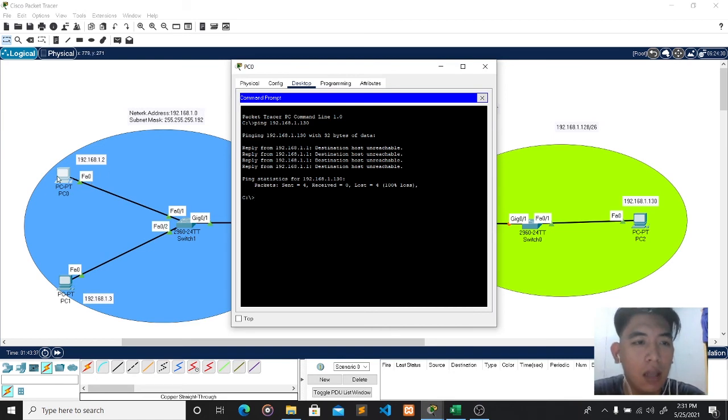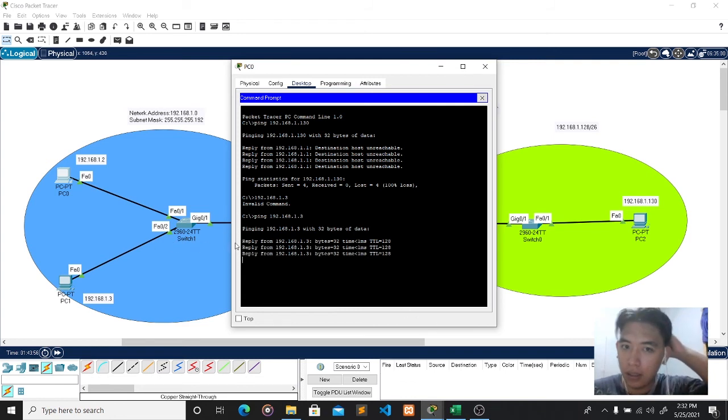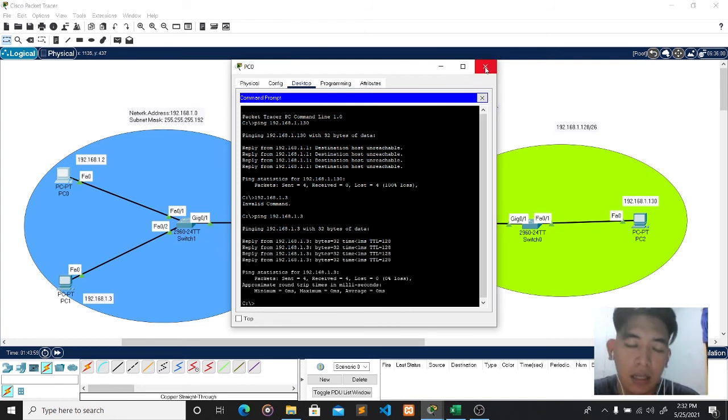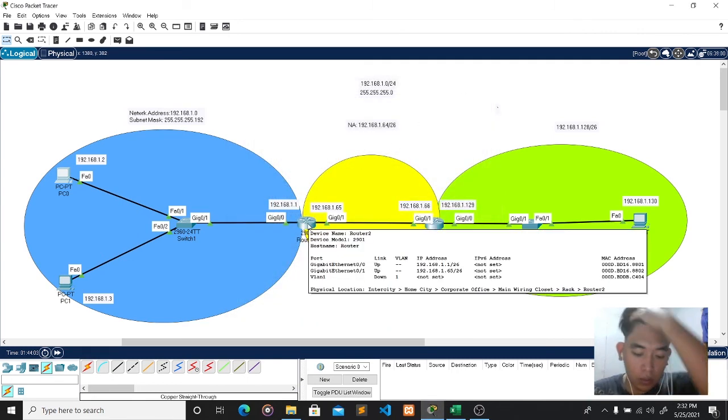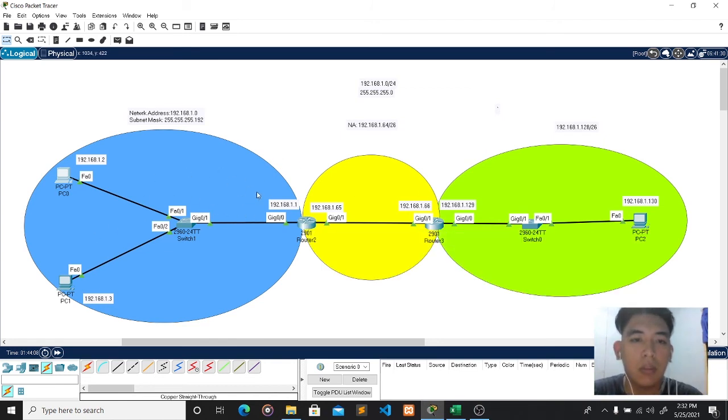So itatry natin lang muna na i-ping yung PC0 and PC1 at the same network kung magsa-successful yung ping, 192.168.1.3. Ay, sorry. So, nag-reply. Ibig sabihin, kailangan natin na mag-router rip. Ilalagay natin yung dalawang network kung saan kabilang dito yung sa blue na network at saka papunta sa yellow na network.